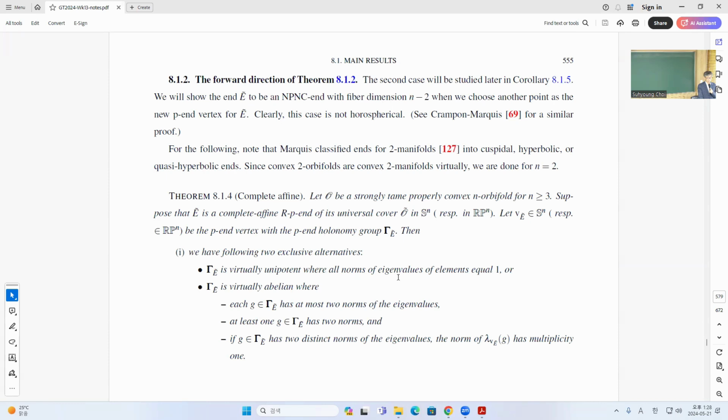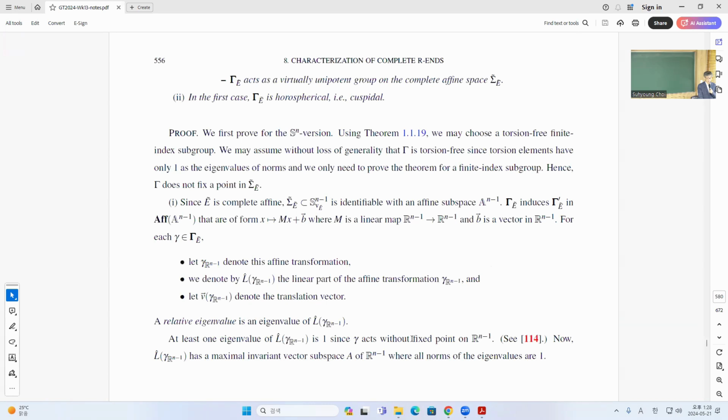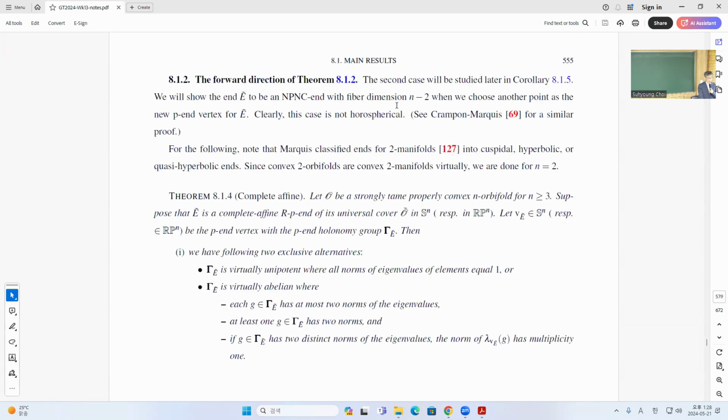Either gamma is virtually unipotent, meaning the norms of eigenvalues are equal to one, or it's virtually abelian, where it has only two eigenvalues and at least one has norm not equal to one. If gamma has two norms of eigenvalue, then the multiplicity at b is one, and it has a virtually unipotent group. So the first case is cosmpact.